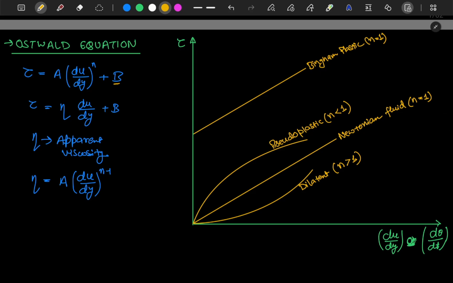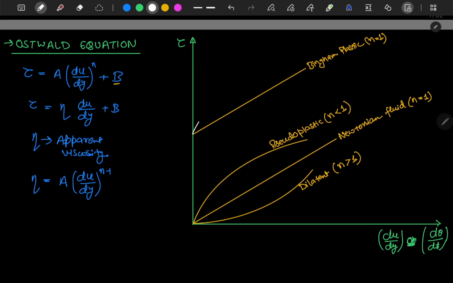As I mentioned earlier in the class, in rheology there are two types of fluids, time dependent and time independent. So these are time independent. Now there are two fluids which are time dependent, so let me also show them here.